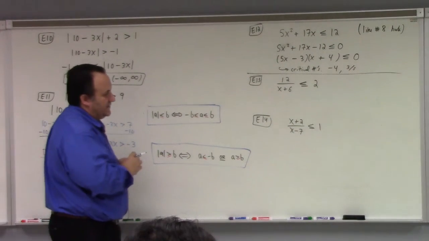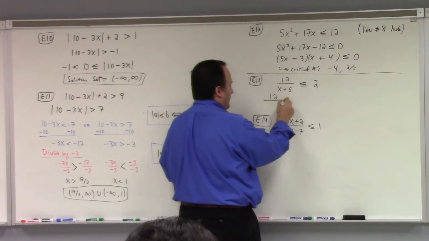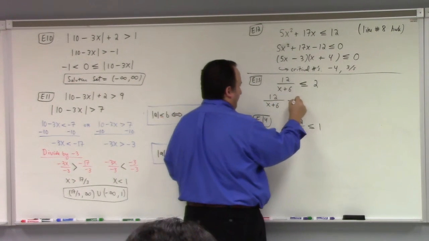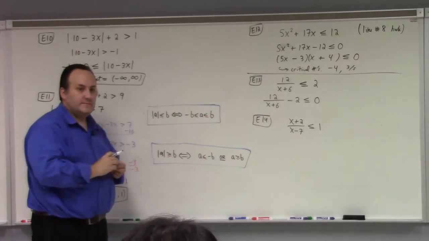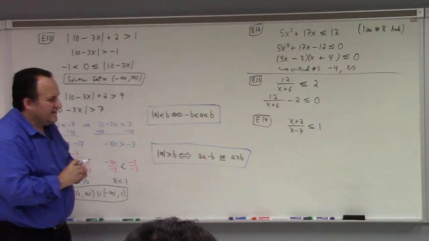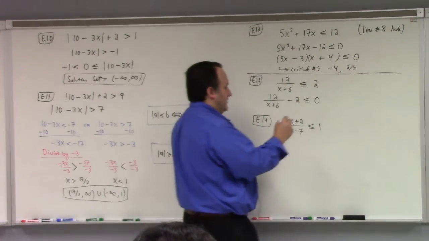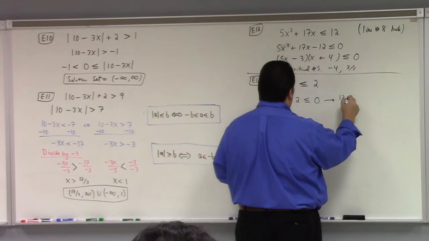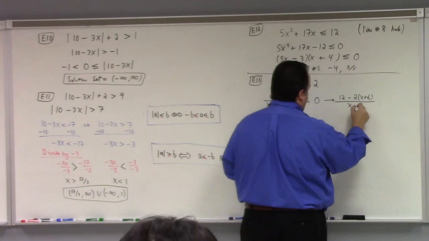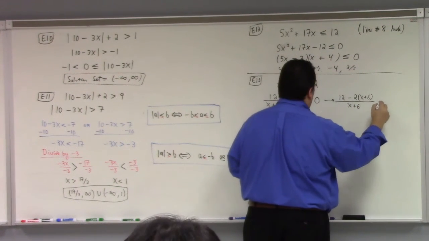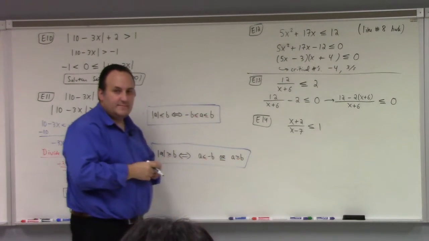How about this one? 12 over x plus 6 less than or equal to 2. What I would do here is I would trade this problem for the one with 0. Right? Now then what do I do? We haven't done anything like that. What should you do? Make it look like the problems we've solved, right? So this is the same as 12 minus 2 times x plus 6. You got to make a common denominator, right? And then you want to clean it up, right?